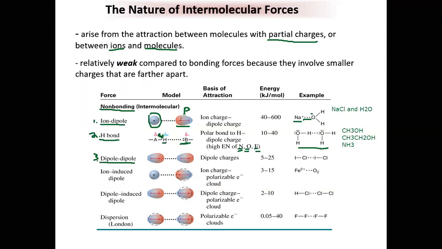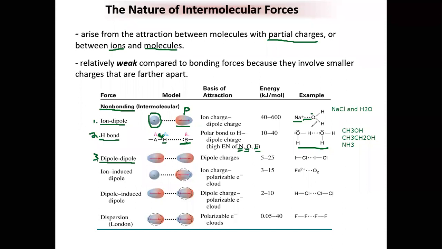And that's where they use X-ray crystallography to determine what that distance is between the molecules. Or if you had an ion and a polar compound, the closer they are, the stronger the interaction is.